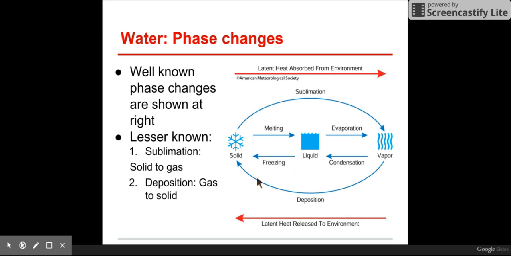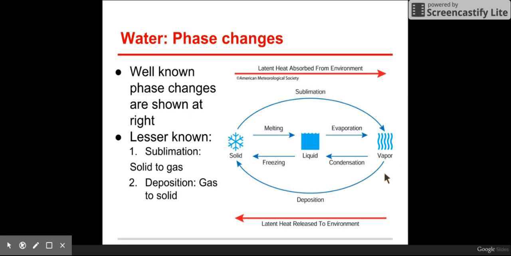You have here the three phases of water represented: the solid, the liquid, and water vapor. On top, you see this red arrow indicating that latent heat, or just basic heat, is being added to the water. If you do that, you will start by melting anything solid and turning it into a liquid. And if you continue to add energy, it will evaporate into a vapor.